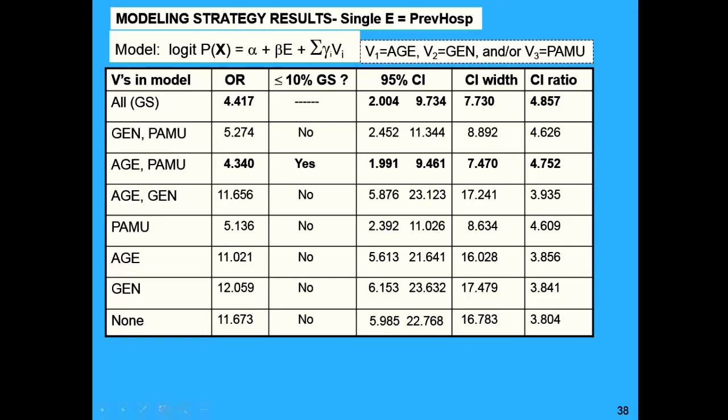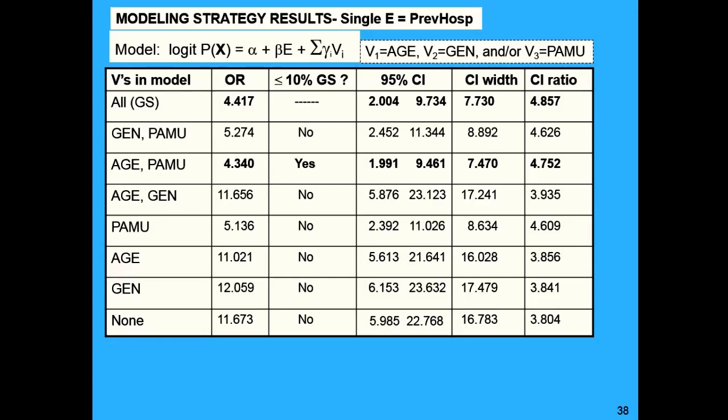It doesn't matter even if I did the width in this case, but when you look at the confidence interval ratio, it looks like you gain some precision by dropping gender from the model. You control for confounding by dropping gender from the model, and you gain a little precision. So one might argue that of these two models, the model that drops gender is better because it does at least as well as the gold standard as far as confounding and gives you a little bit better precision.